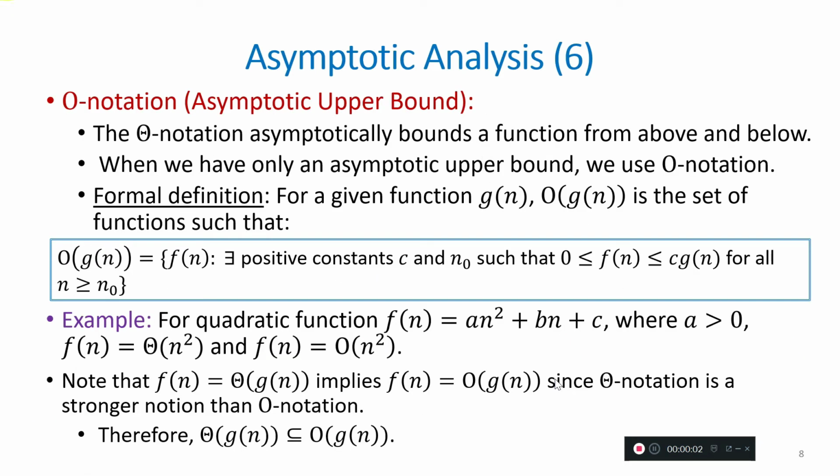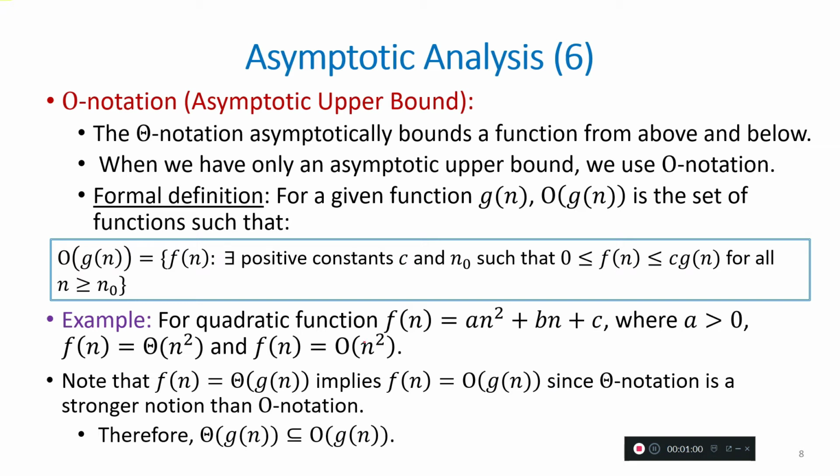The next asymptotic notation is the big O notation, also known as the asymptotic upper bound. So far, we have seen that the theta notation asymptotically bounds the function f of n from up and down. But what if we are only interested in the asymptotic upper bound? In that case, we use the big O notation.